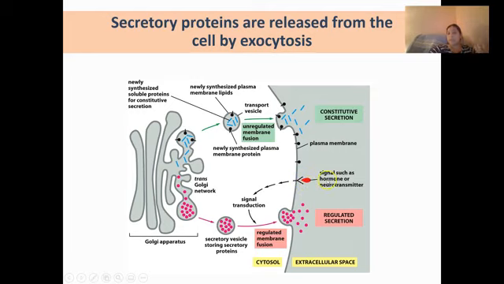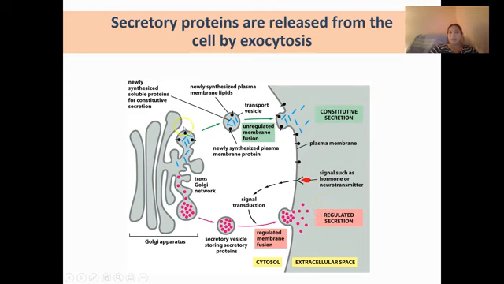So some signal such as a hormone or a neurotransmitter will bind to the receptor on the plasma membrane. It would induce a signal transduction cascade which would signal the trans-Golgi network to release this secretory vesicle so that it is then fused into the membrane to release outside into the extracellular space.